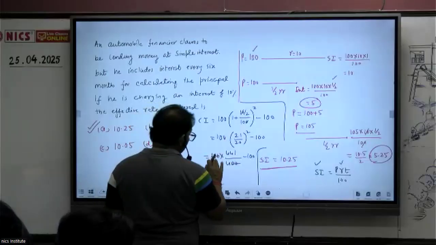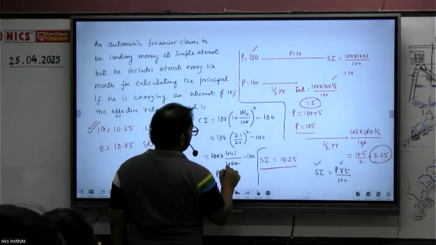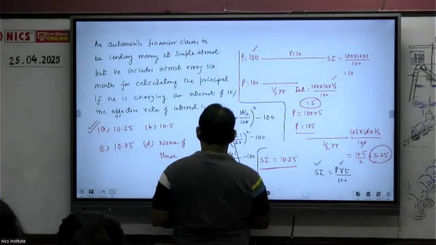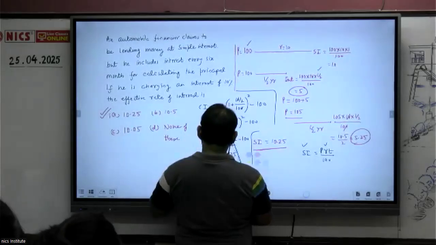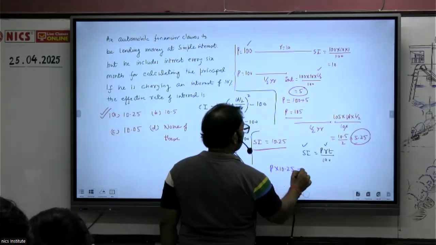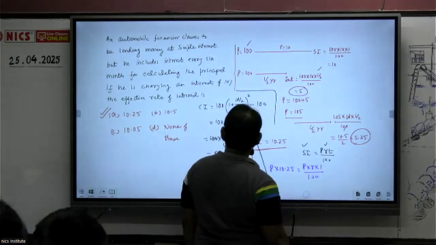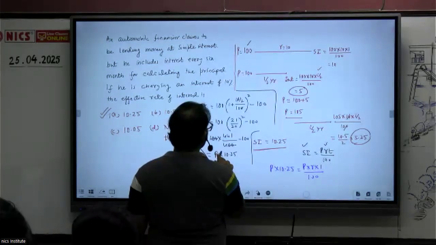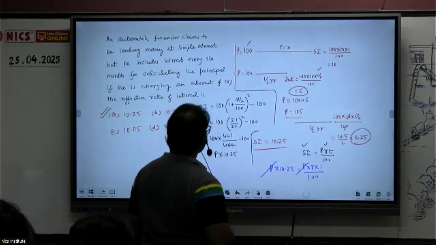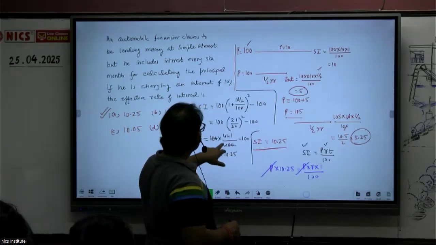See, if I don't use 100, it will be P into how much? 10.25, right? So simple interest is how much? Simple interest is P into 10.25. P is the principal, R is the rate of interest, T is 100. It will be like this, no? It won't be 10 point. It'll be, this is how much?